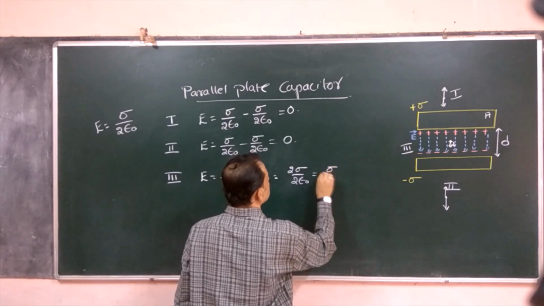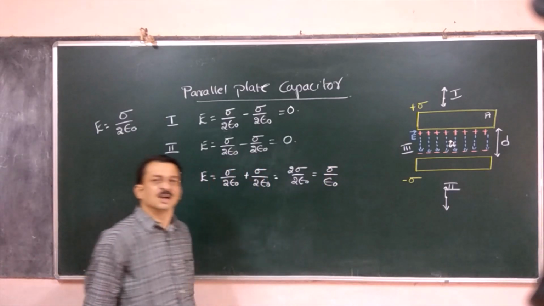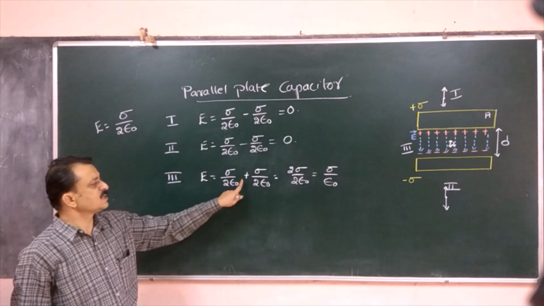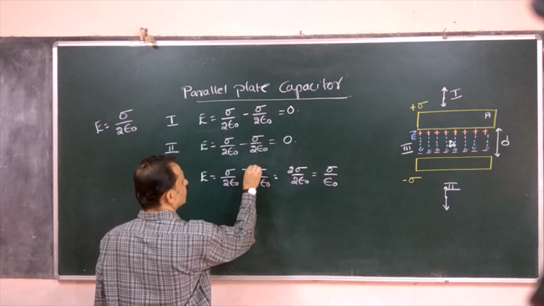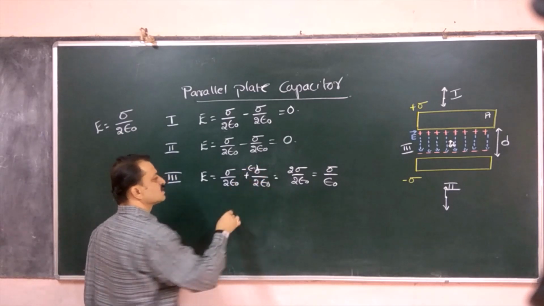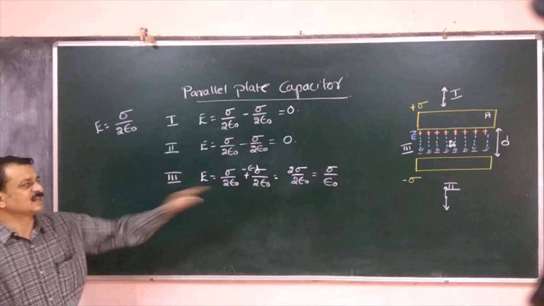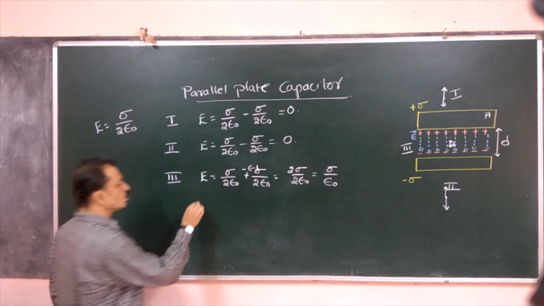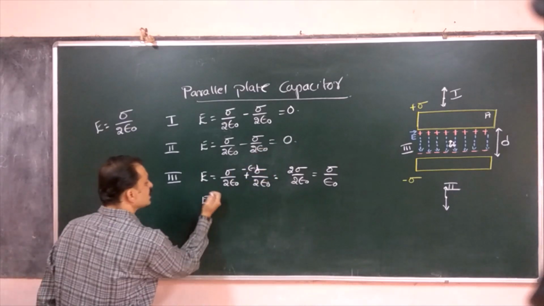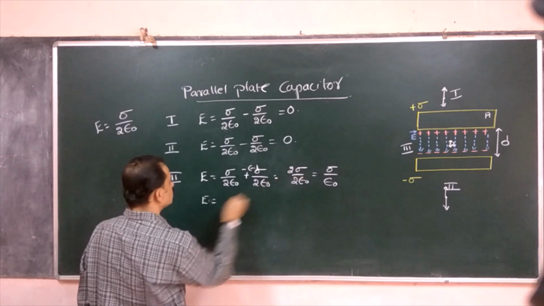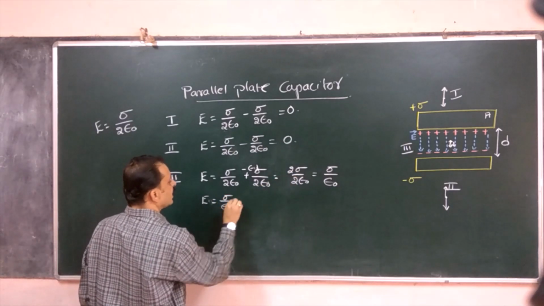So that is equal to sigma by epsilon naught. Minus of minus becomes plus, that you should remember. Therefore, the total electric field in the space between the two plates is equal to sigma divided by epsilon naught.